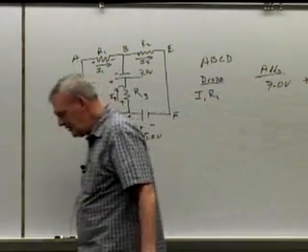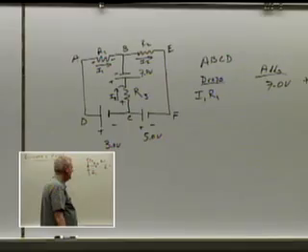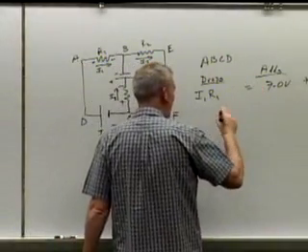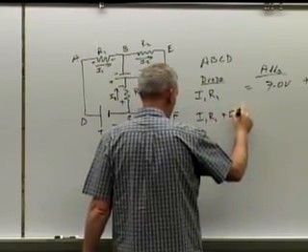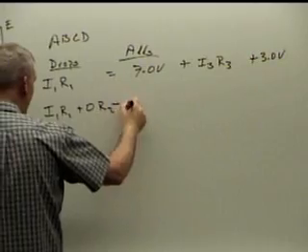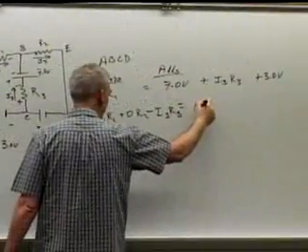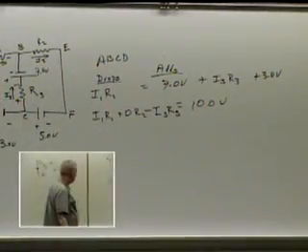All right, so with that loop, we've got this. I would say that we have I1 R1 plus 0 R2 minus I3 R3 equals 10. That's the way I'd rewrite that equation.